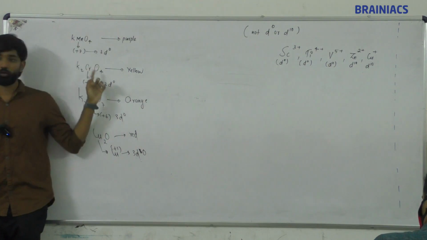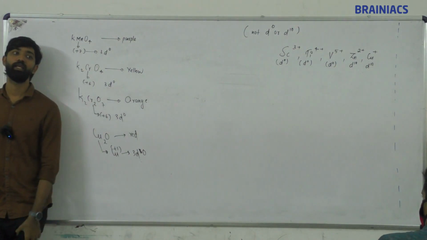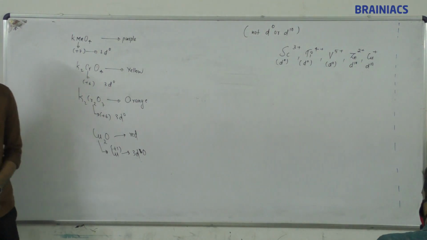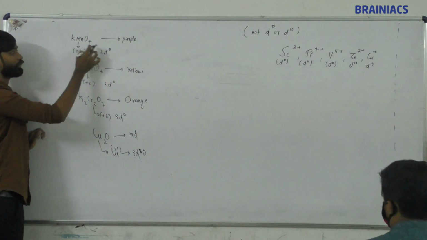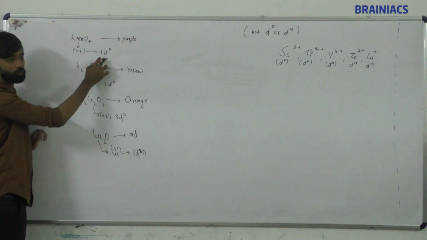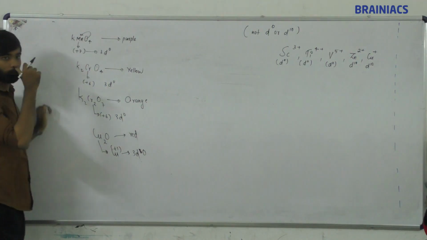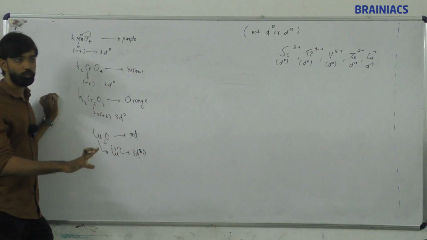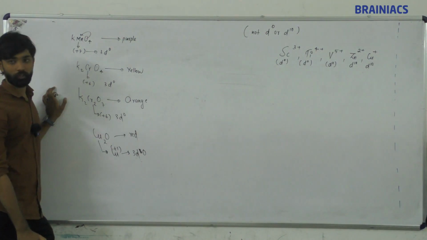And there is a phenomenon called ligand metal charge transfer, LMCT. The d orbital is vacant, so there is a transfer of electrons from the ligand. Ligand means the surrounding species to the central atom, so that it can excite and show a color.